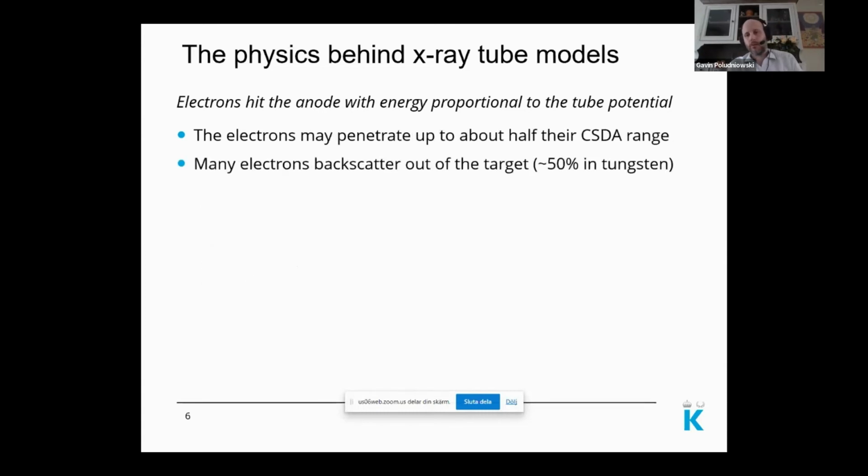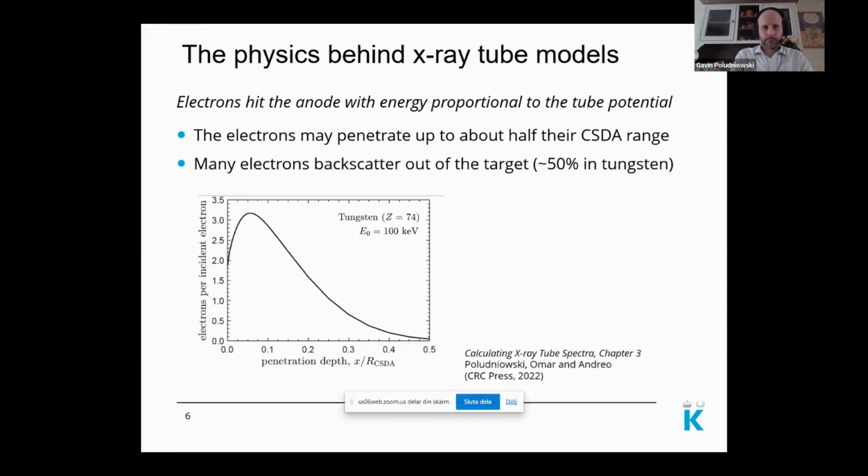So the result of this elastic scatter and the inelastic processes is that the electrons penetrate up to about half of their CSDA range, and in fact many electrons backscatter out of the target again, about 50%, so half the electrons scatter out of the target again in tungsten, and what happens to those depends on the X-ray tube design.